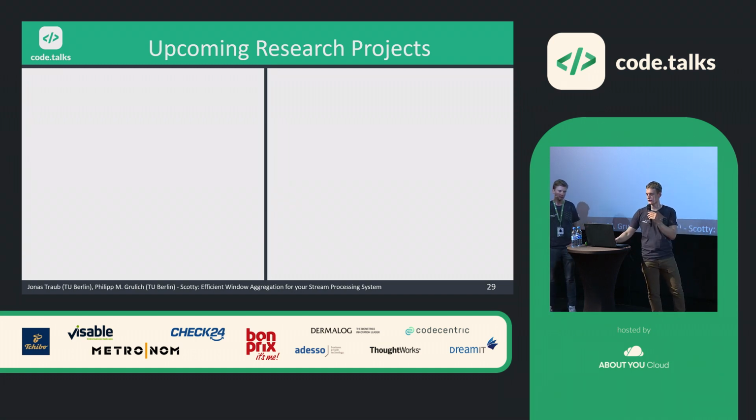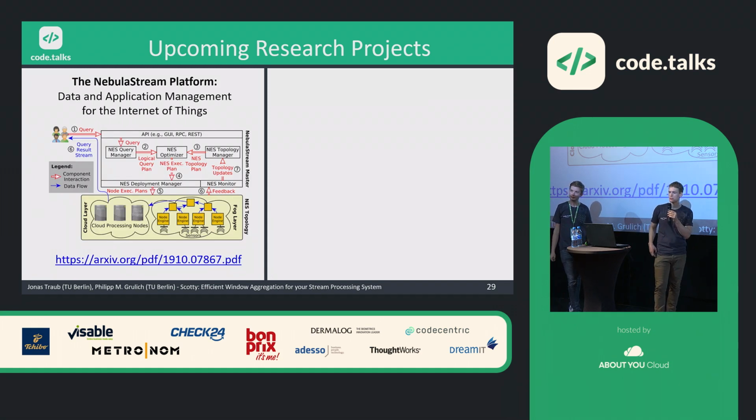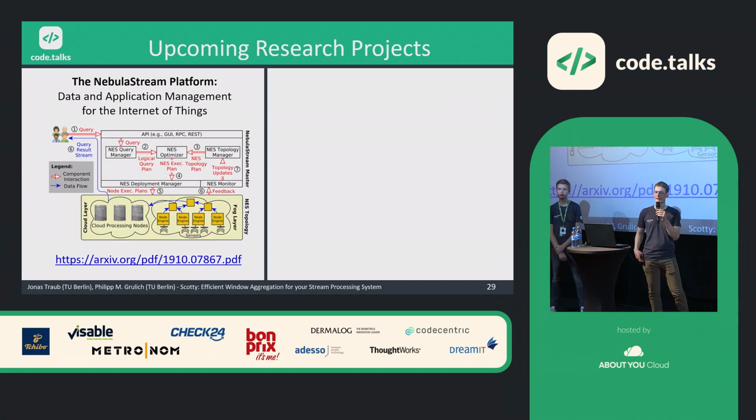So one thing we are looking at and published last month is the Nebula Stream Platform, which brings the idea of those stream processing use cases and the efficient window aggregation to the IoT age, basically combining a cloud layer with the fog layer, where you want to do computations on edge devices as much as possible in one unique system, which from the user perspective looks like one database or one streaming engine, but incorporates all the different edge devices, like for example your smartphones or your home automation devices.